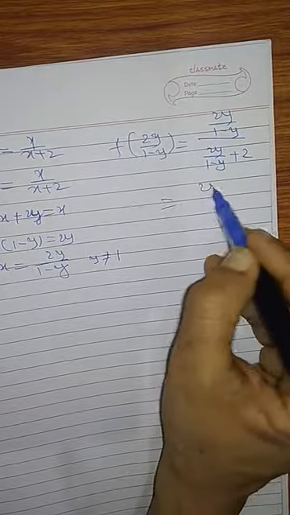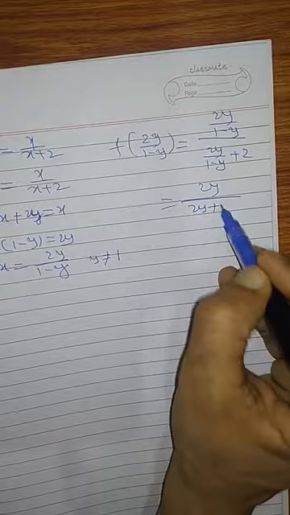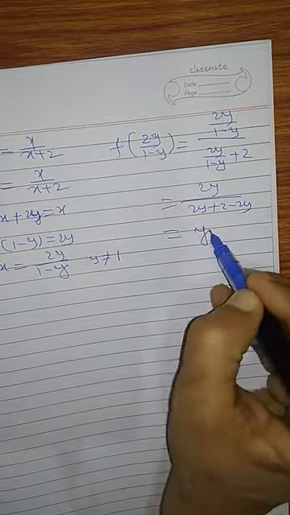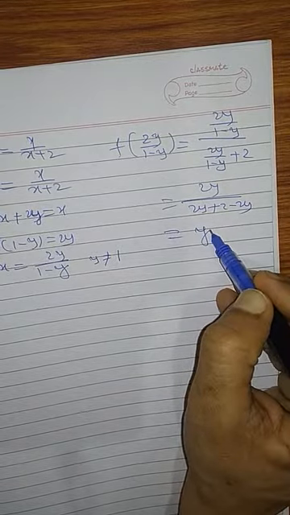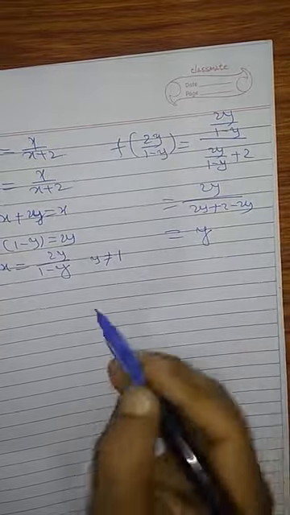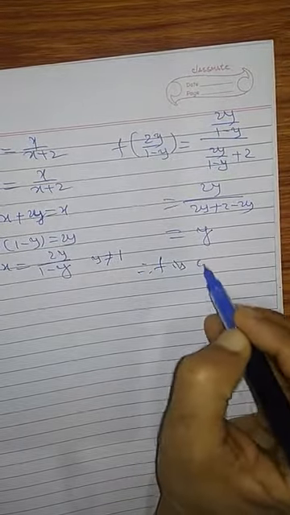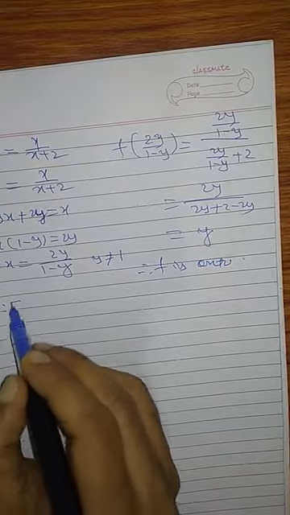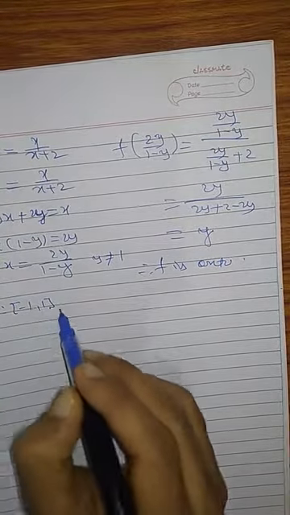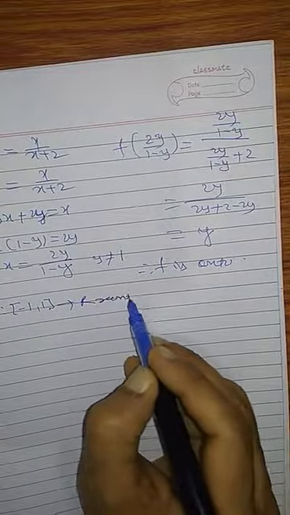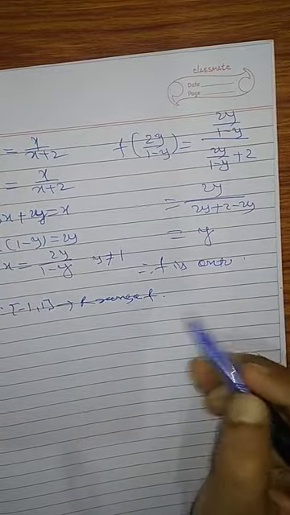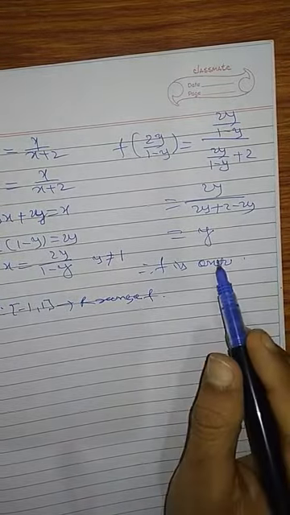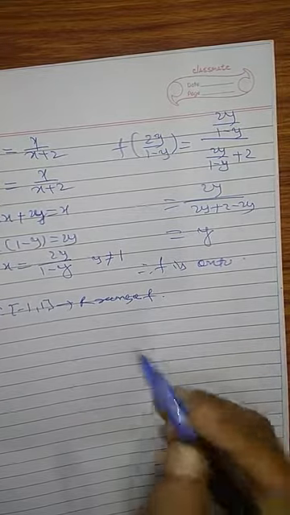Solve it, 2y by 2y plus 2 minus 2y, you will get y. Clear? So y, therefore f is onto. So the given function is invertible in [-1, 1] or its range f. Clear? Okay.